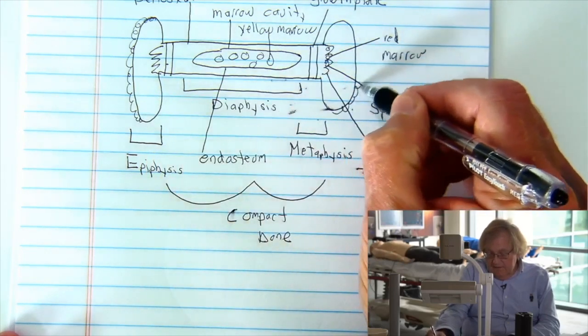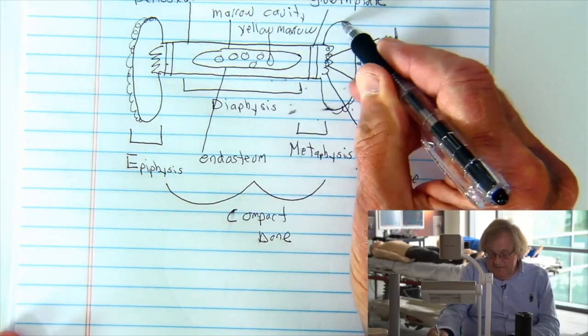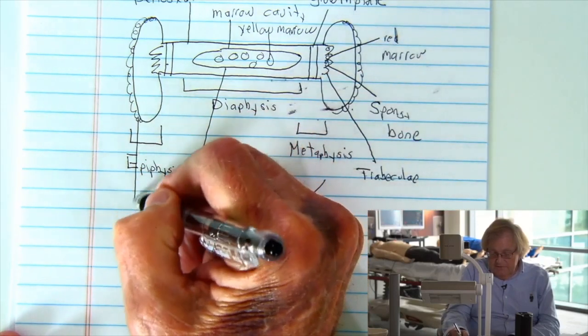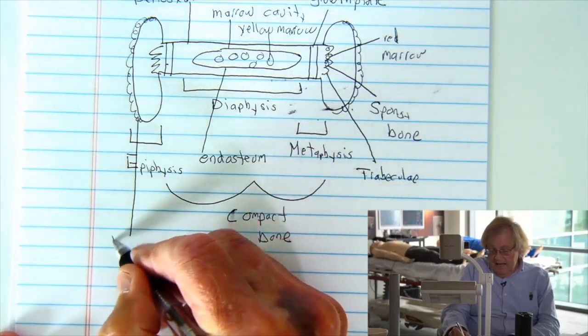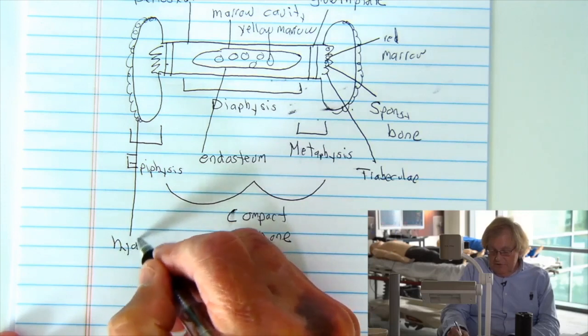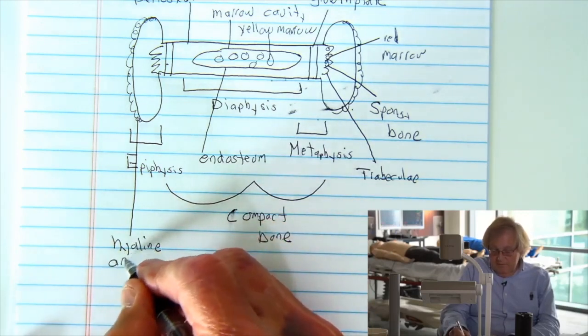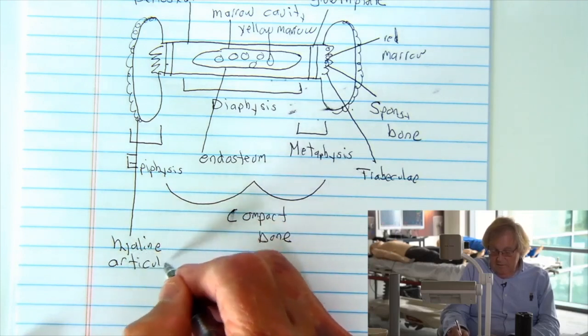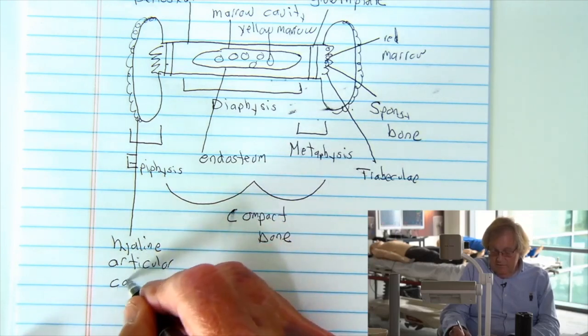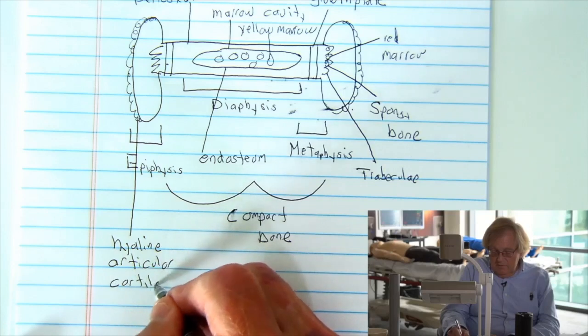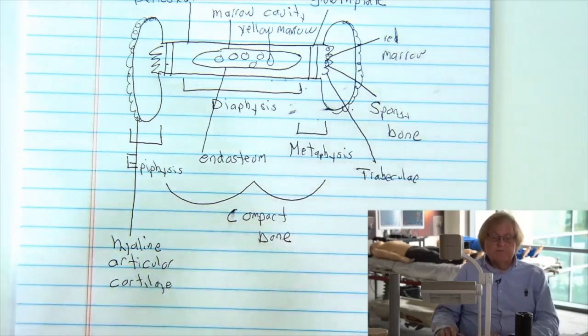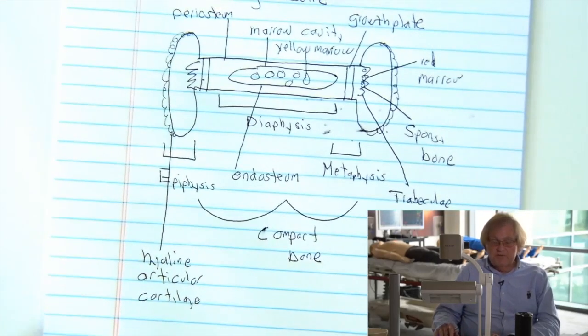That covering of the epiphysis is going to be cartilage, and that's why we call it hyaline, which means shiny, articular, which means a joint, cartilage. So that's what's really significant in the big picture.